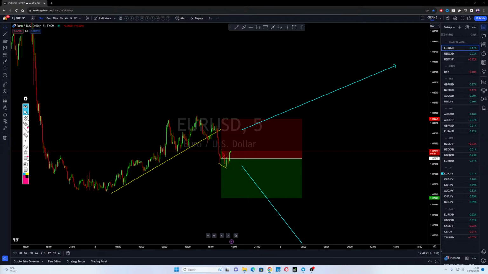Yeah, a game of probability, a number game. This is what I call it. It's a number game. This could still start pushing lower.